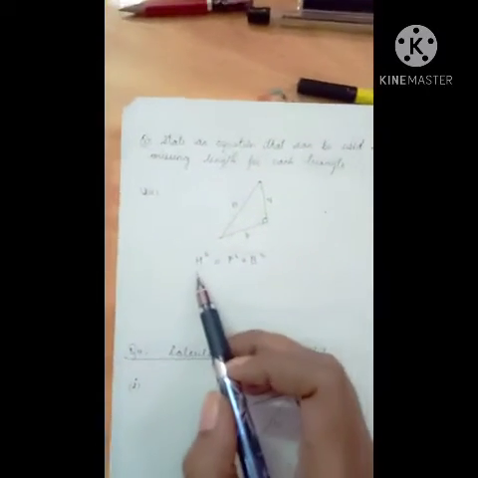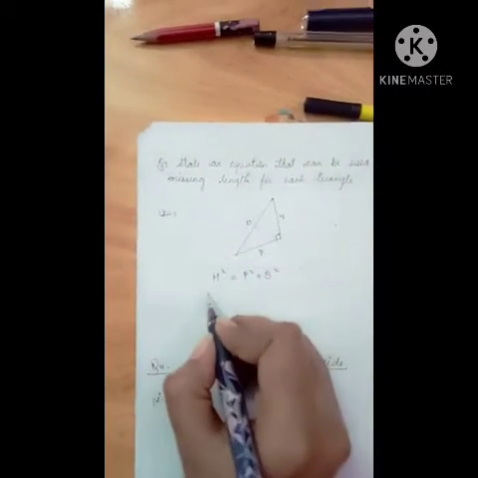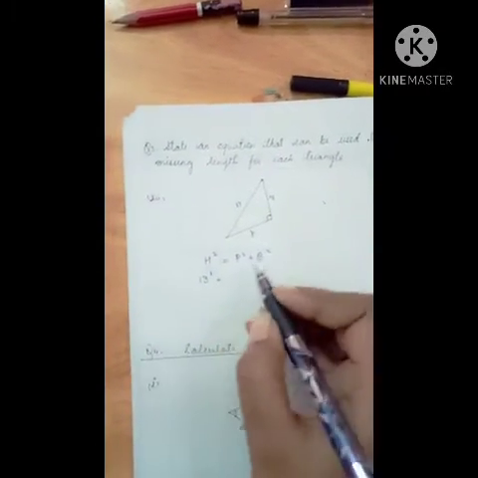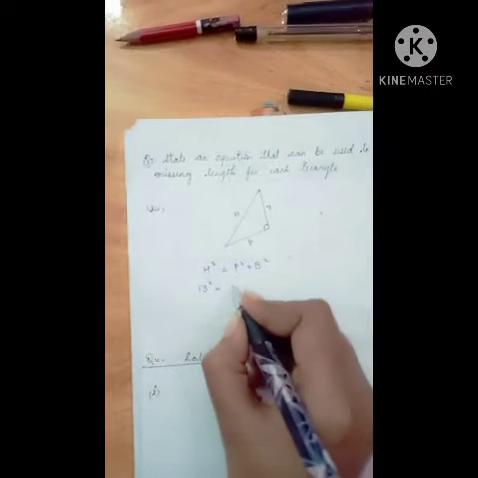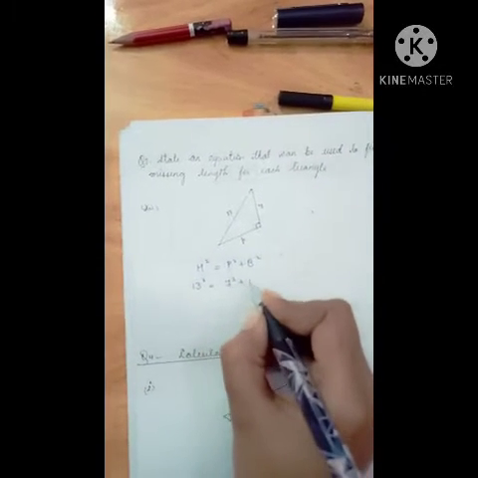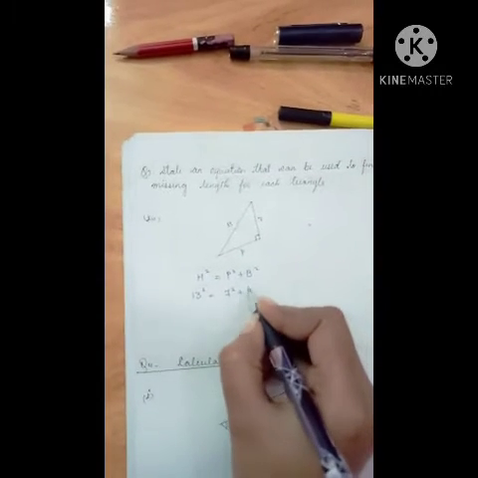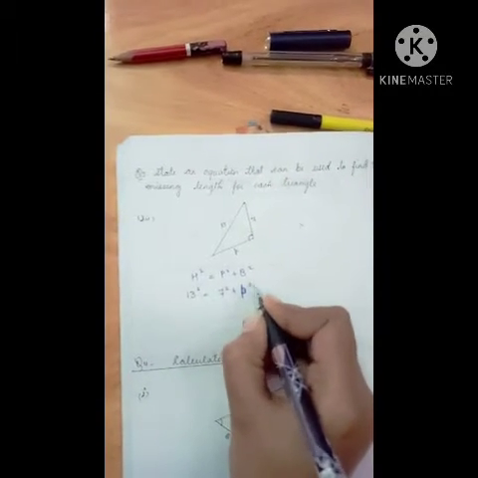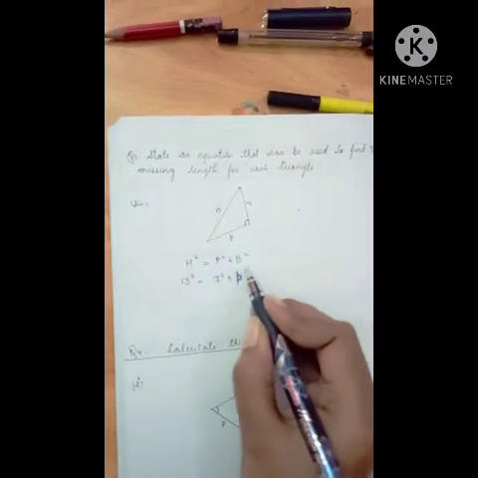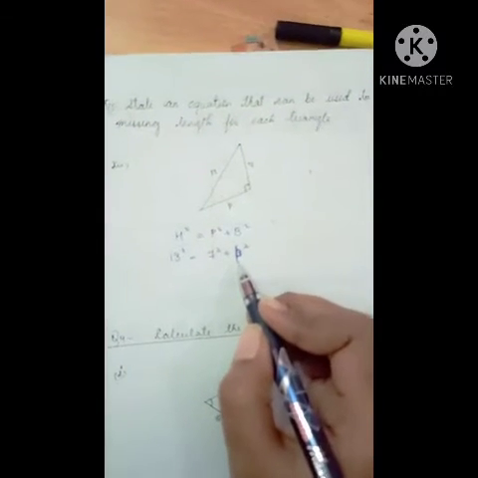So hypotenuse is 13 here, so it means 13 square, and we have a perpendicular 7, it means 7 square, and we don't know the base, and base is denoted by P, so we'll write here small p square, and we have to find out this P, right?